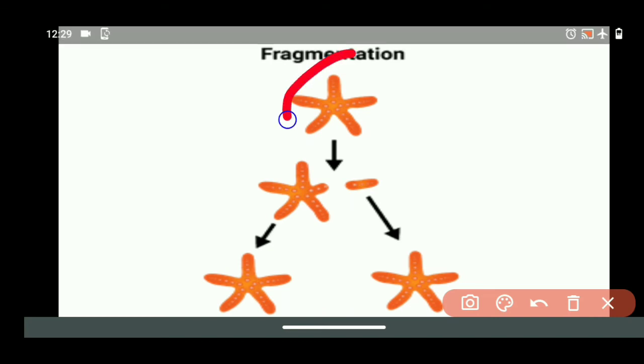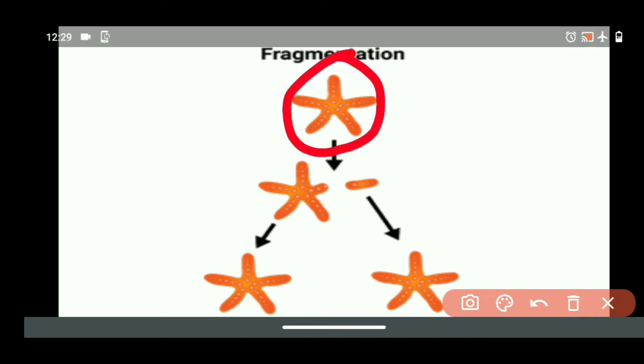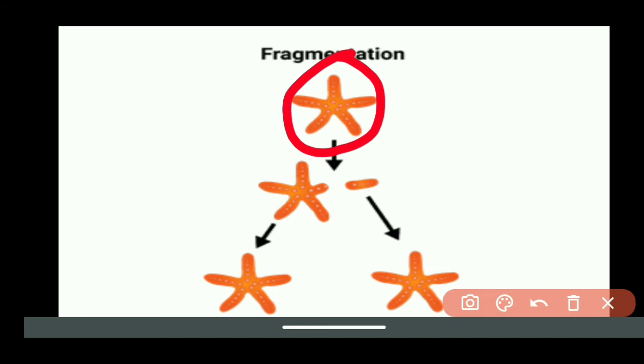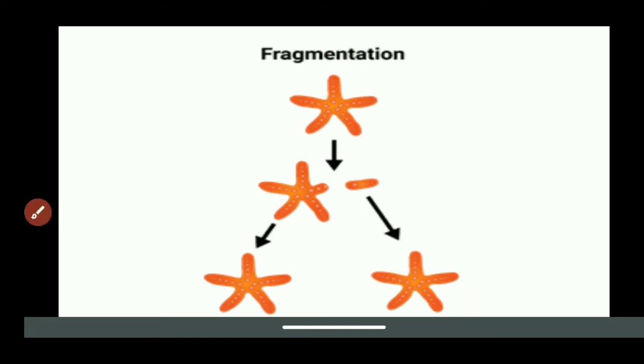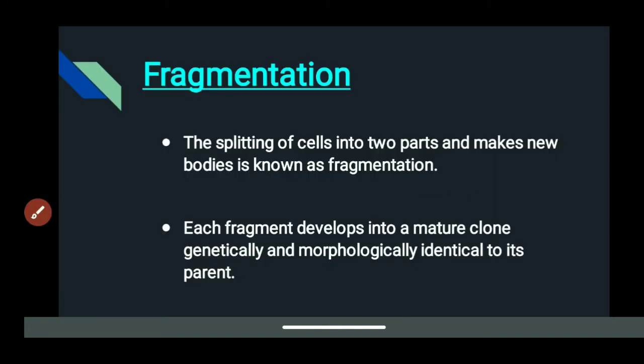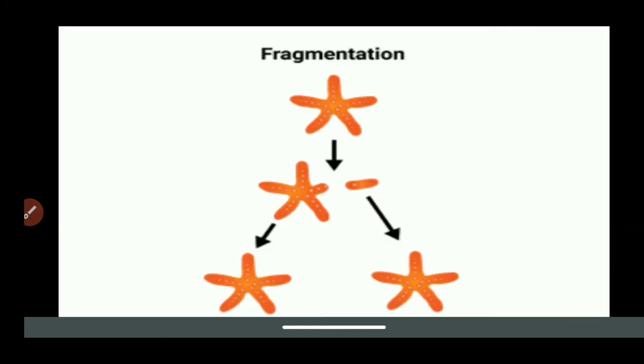This is a parent body, and from the parent body, a small part detaches from its body and develops as a new body. In this case, this is a parent body, and this is our new offspring.